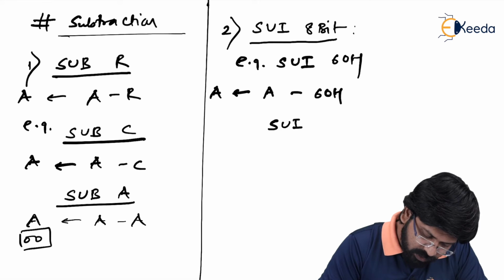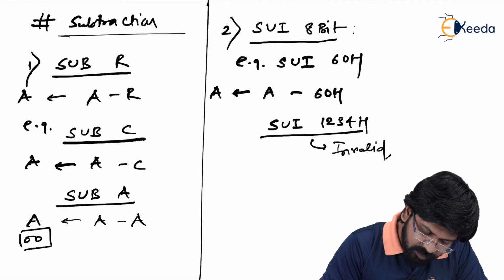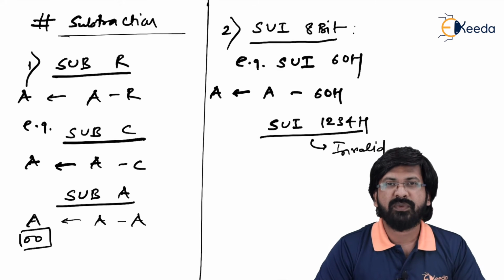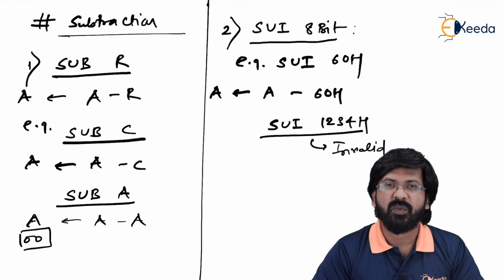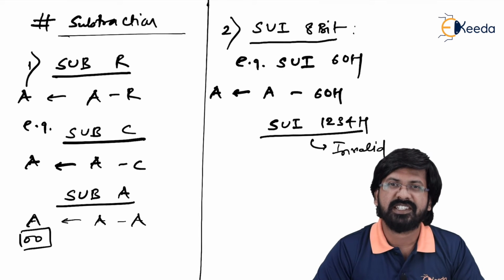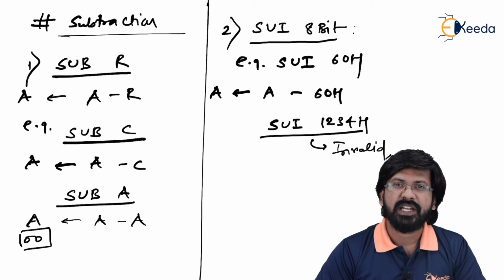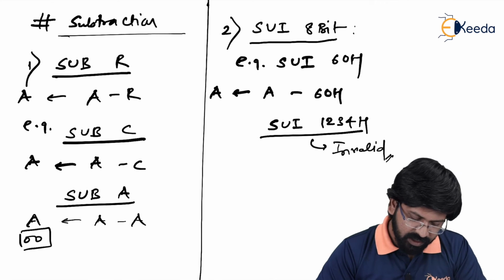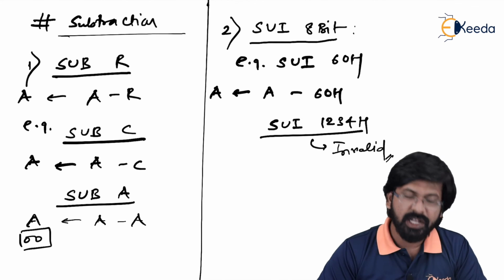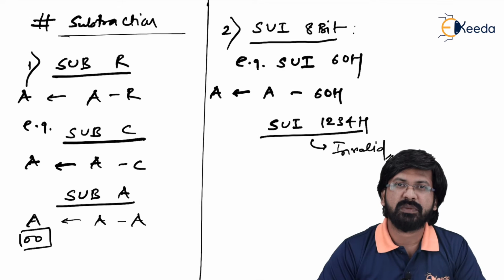Suppose you write SUI 1234 hex, again this is an invalid instruction. Why is this an invalid instruction? Because you are asking 1234 hex data to get subtracted from the accumulator, which is not possible because 1234 hex is 16-bit in size, right? So since the ALU is 8-bit, we cannot perform operations on 16-bit. So it is strictly required that whatever data you specify in this instruction should be 8-bit in size only.